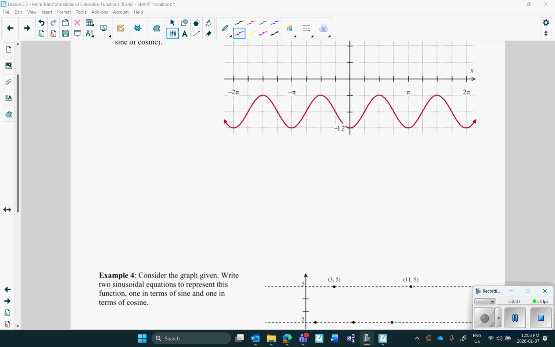The only things that will be different is some of you may have sine and some of you may have cosine. Some of you may have different values for H. But K, A, and B will all be the same for everybody. So let's get those ones. What's K?